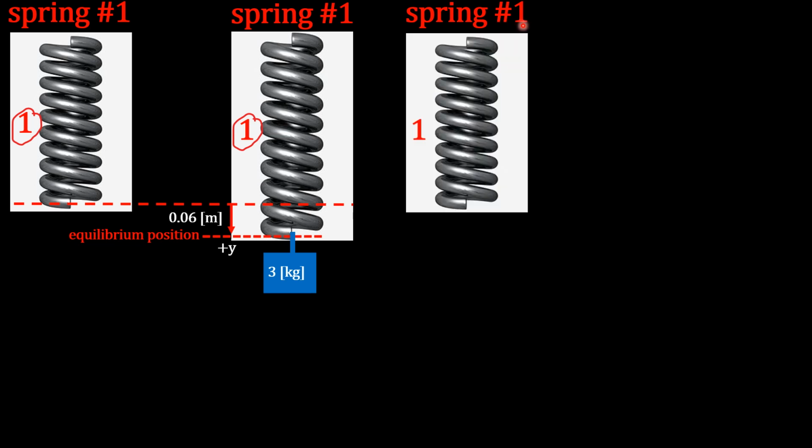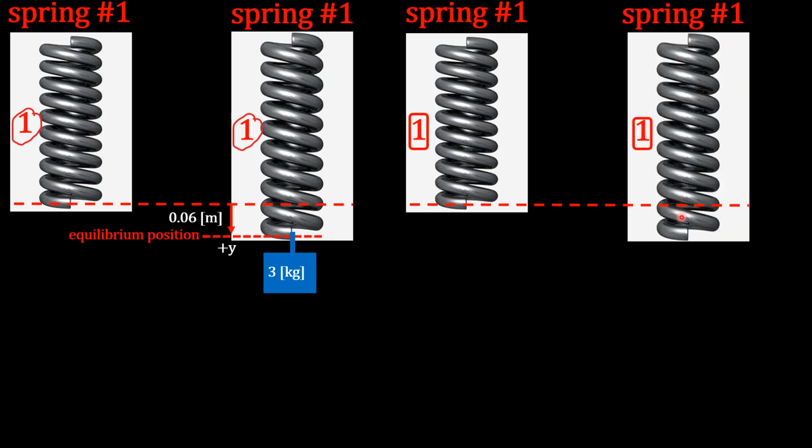Okay, it got stretched an amount of 0.06 meter, and this is your equilibrium position. Again, the spring number 1, same spring as in this case, got stretched due to a different mass of 0.2 kilogram. It got stretched a certain amount to the equilibrium position.